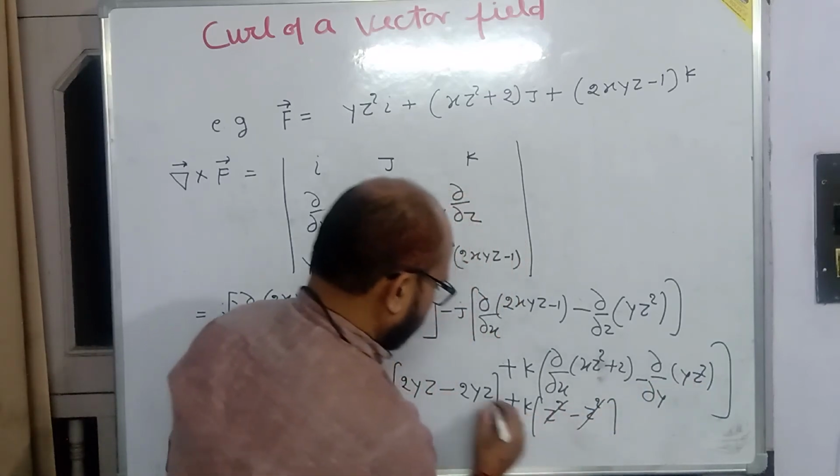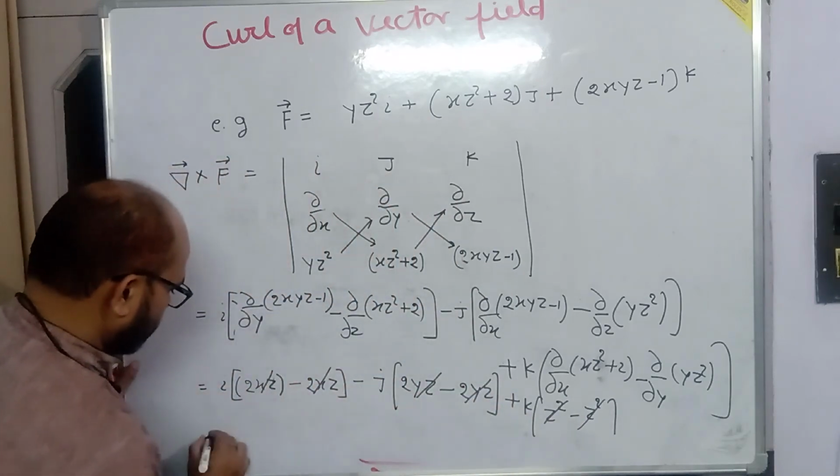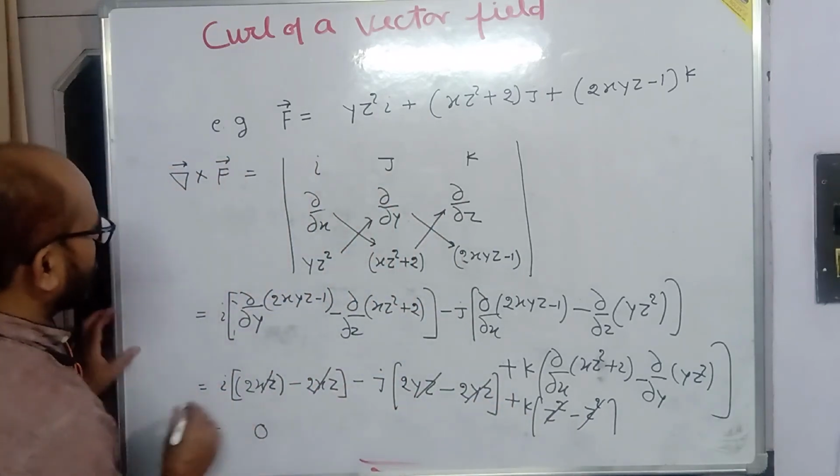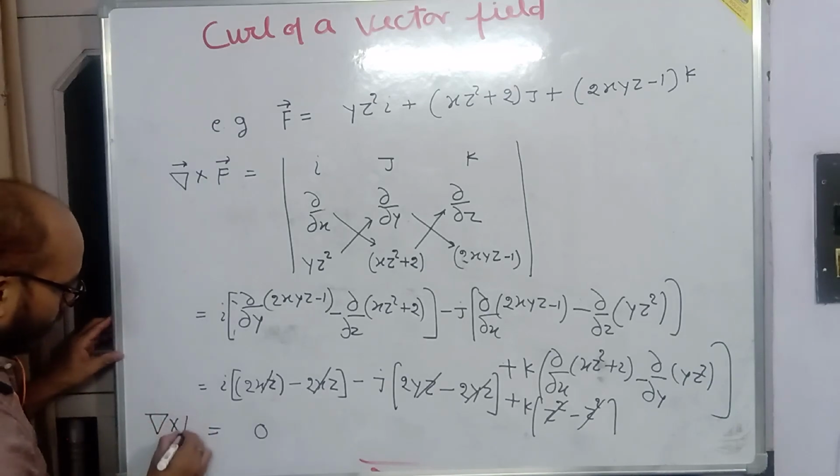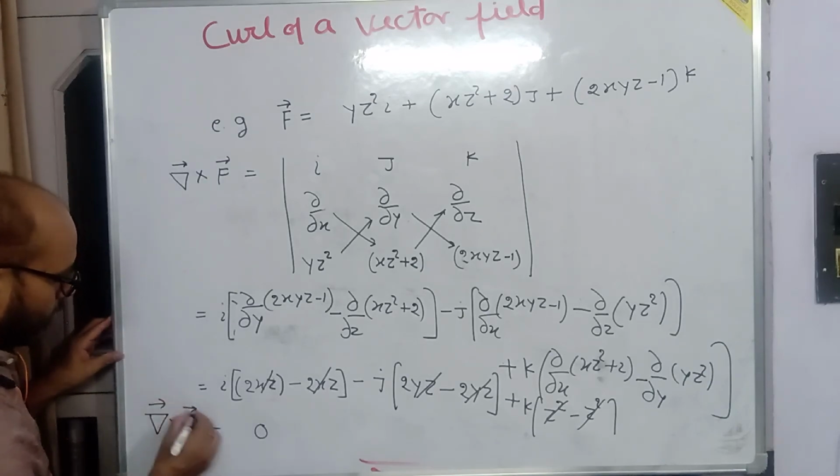They cancel each other, that means 0. So del cross f equals 0.